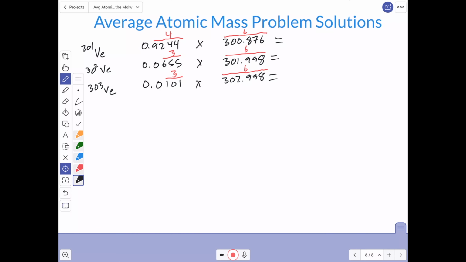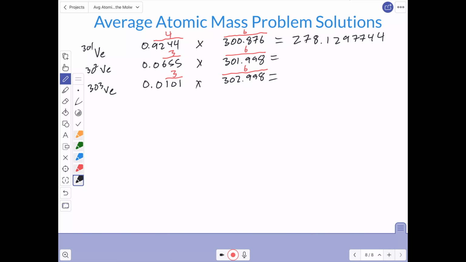All right, so we'll multiply our first isotope and get its fraction. 0.9244 times 300.876. That gives me 278.1297744.